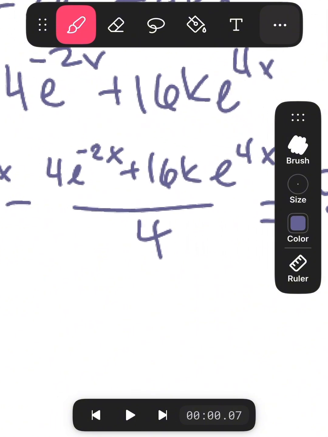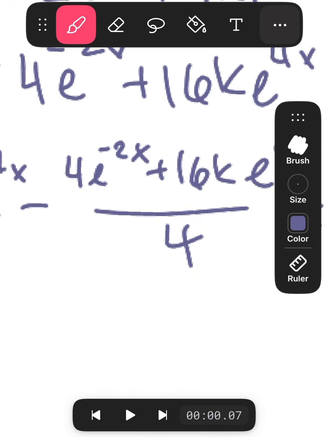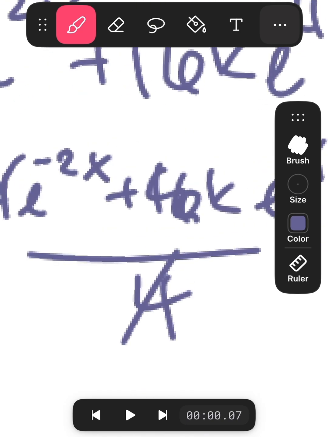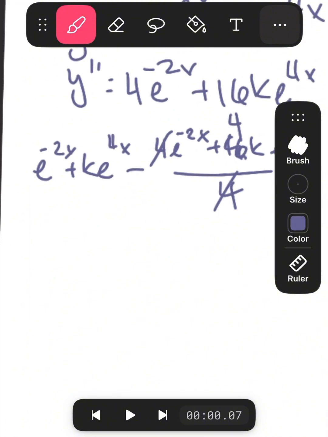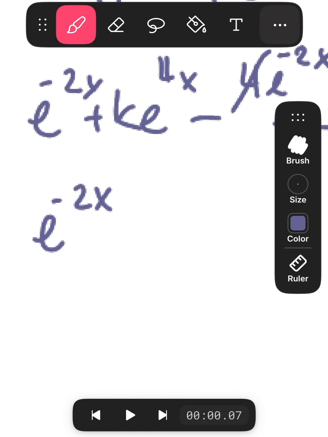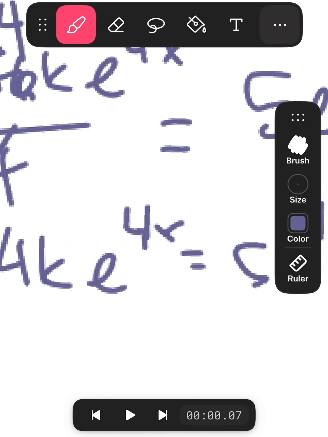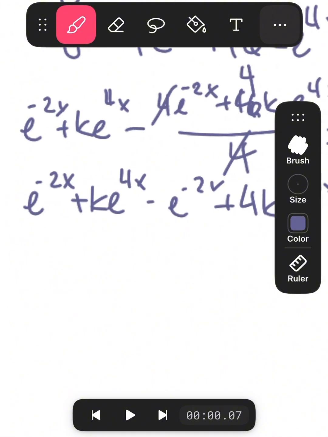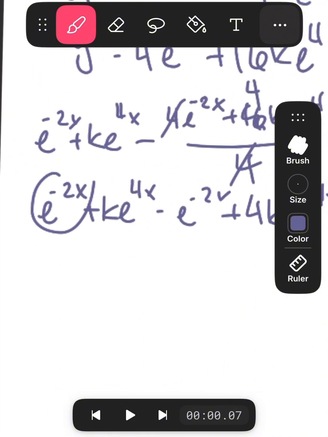First things first, this divided by 4 here is really easy to get rid of because it will just cancel out those coefficients. So we'll have e to the negative 2x plus k e to the 4x, minus e to the negative 2x, minus 4k e to the 4x, equals 5e to the 4x. You might notice now that we can combine like terms because this minus that will cancel out.